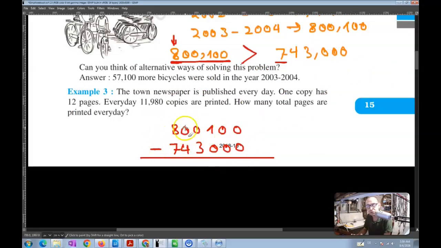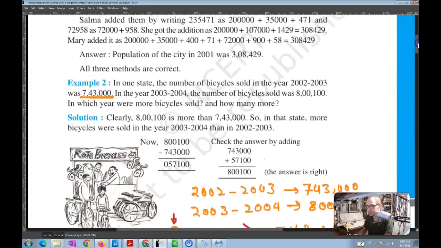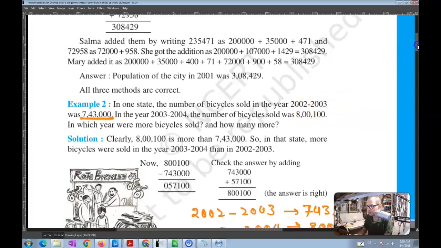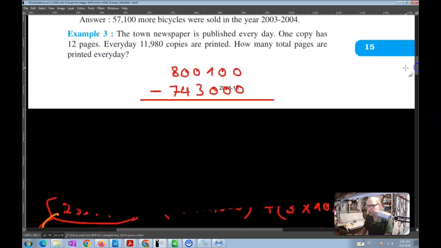Of course, when you subtract, as you can see, I'm subtracting the smaller number from the larger number, and there is a reason for this. When you subtract the smaller number from the larger number, you're simply calculating how many more bicycles were sold in the second year, meaning the difference between the two numbers.